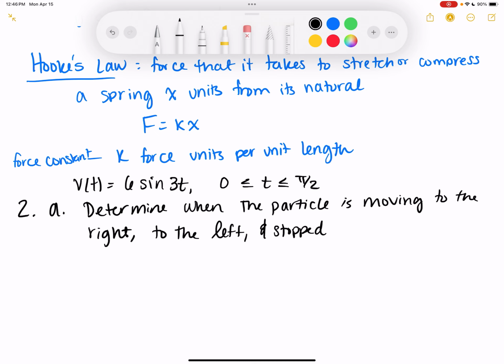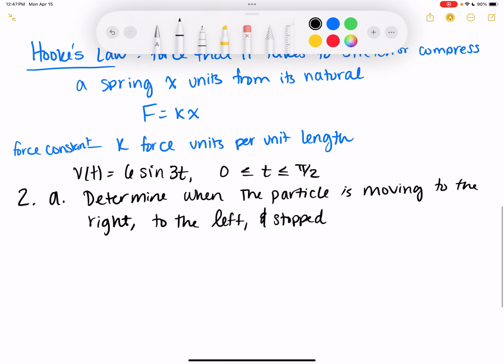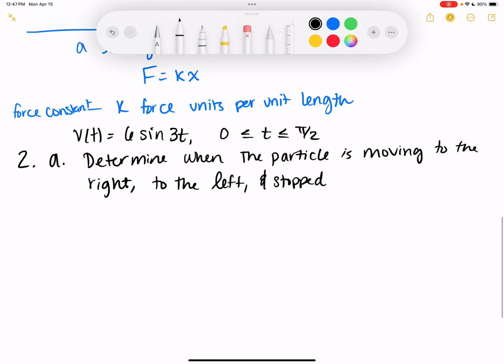To determine when it's stopped, that's the easiest thing. So that's setting the velocity equal to 0, right? Because that would mean it's not moving, so it's got to be stopped.